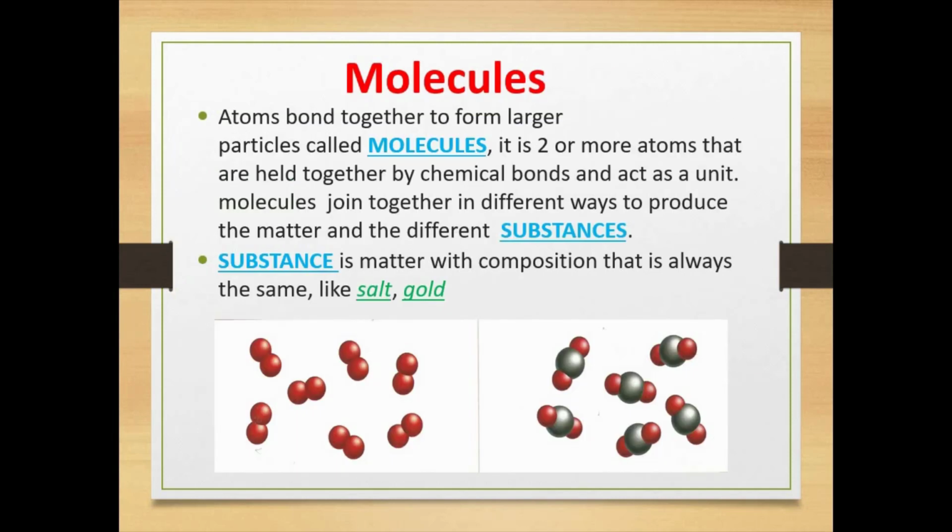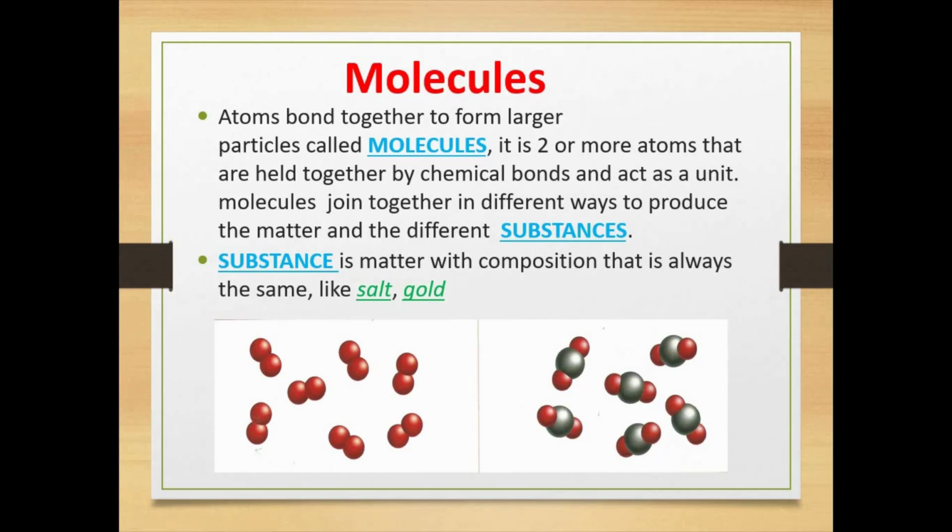And then we're going to find something called a molecule. What's the meaning of molecule? As you can see in these two pictures, here there is the same kind of atom, the same color, and in the other picture we have two different colors, or two different types of atoms. A molecule is two or more atoms that are held together by a chemical bond and act as a unit.